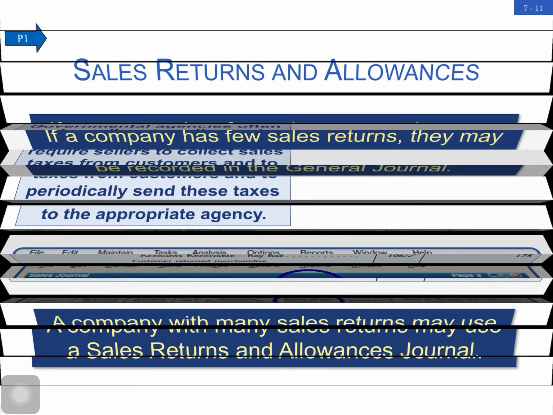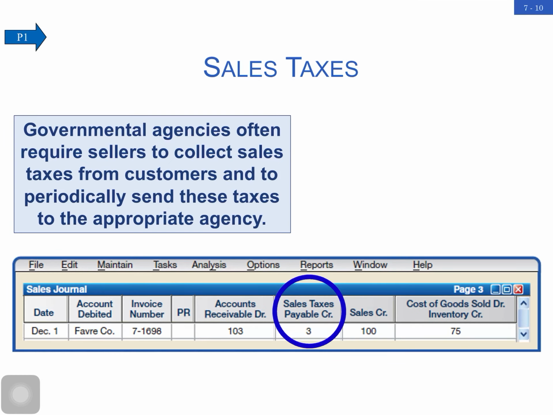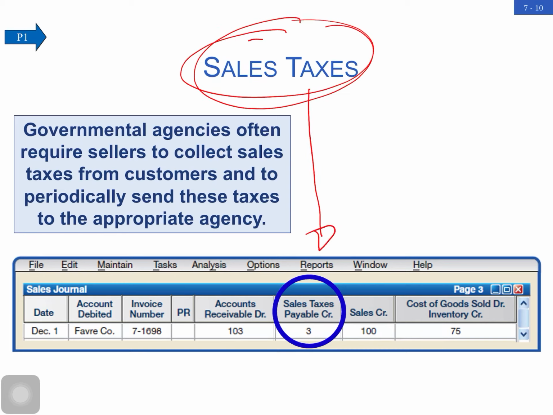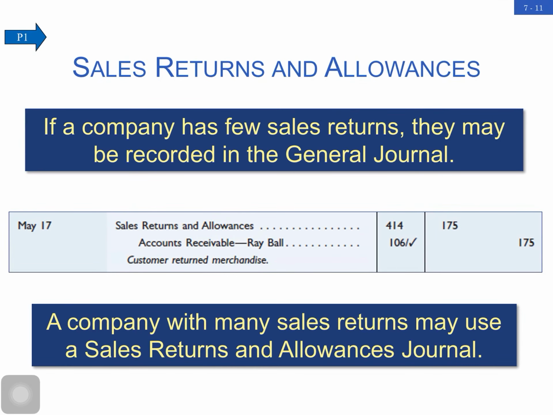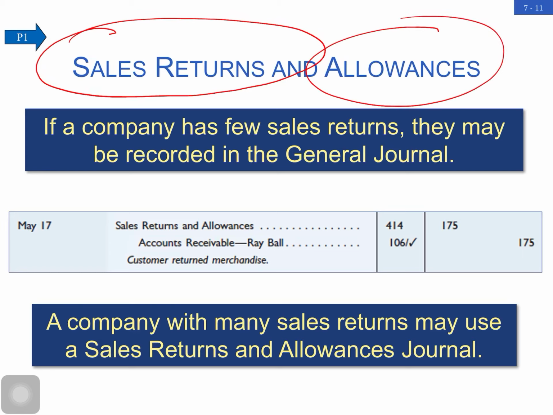But if in your company you have sales tax, and every sale you record always has sales tax, then you might have a special journal for sales tax, or you can put the sales tax information in the sales journal. Or if sales returns and allowances happen regularly, you can also make a special journal for sales returns and allowances.